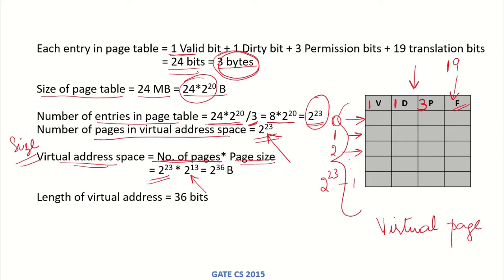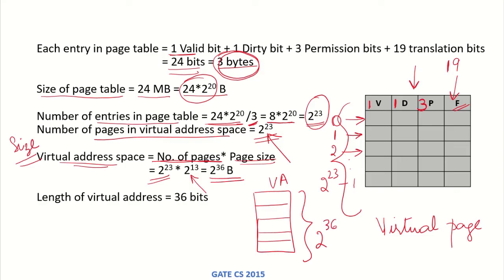So this makes it 2 to the power of 36 bytes. This was our virtual address space, which was divided into pages, just like the physical address space was divided into page frames. So this virtual address space is a total of 2 to the power of 36 bytes. So how many bits will be needed to specify the virtual address? 36 bits. So 36 bits is the length of the virtual address.